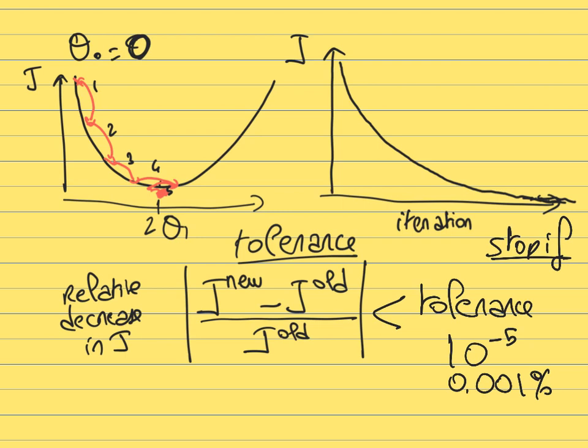In this case, you say that if after a new step of gradient descent, after I moved downhill, I do a new step and I find that the cost function does not decrease more than 0.001%, then you consider that it decreased so little that very likely you have found a very good minimum already, so you just stop there.